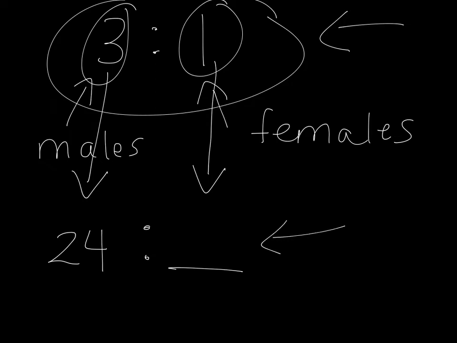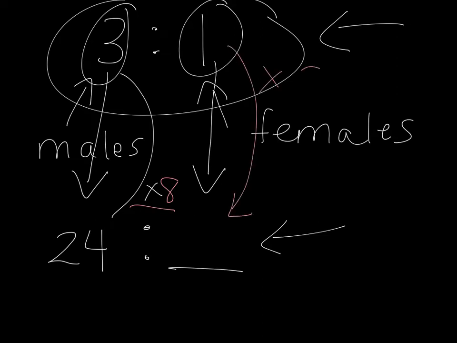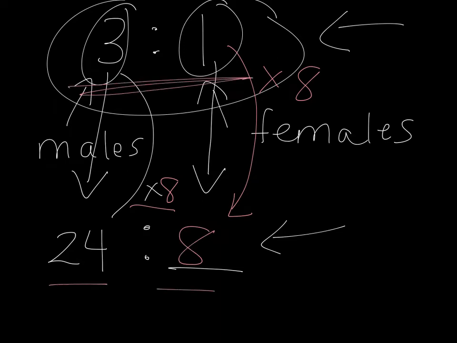What did we do to 3 to get to 24 in terms of multiplication or division? Well, I multiplied by 8 to get to 24. So I would do the same thing to this ratio. I would multiply 1 by 8 to get 8. So 3-to-1 is also equivalent to 24 to 8.